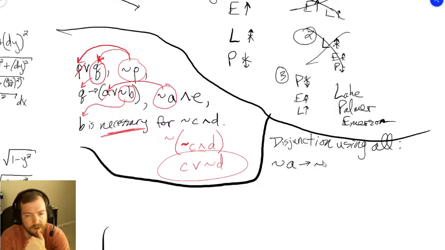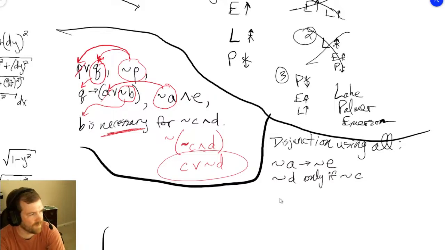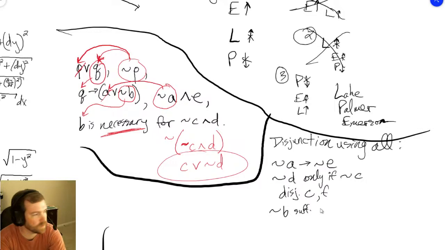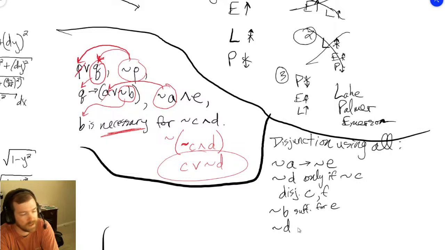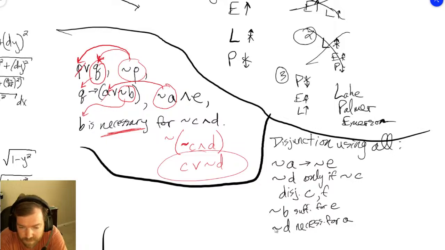Not A implies not E. Not D only if not C. Disjunction of C and F. Not B sufficient for E. Not D necessary for A. Oh man. Yeah, good times.